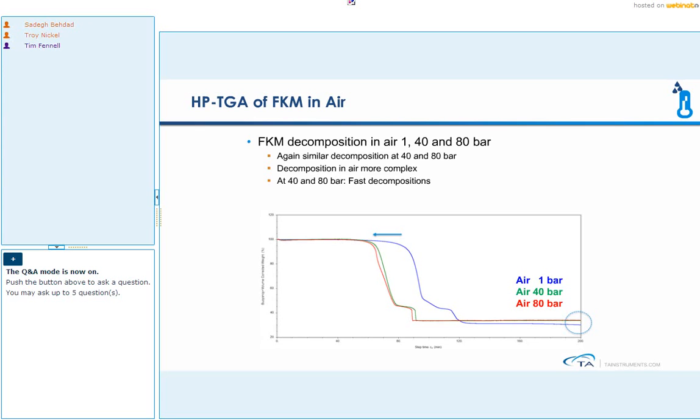The decomposition in air is more complex. In that intermediate range, there is something going on, and the graph doesn't show a peak. It's almost gradual there. What is interesting is that in the end, the 40 bar and 80 bar tests gave you a bigger residual mass.